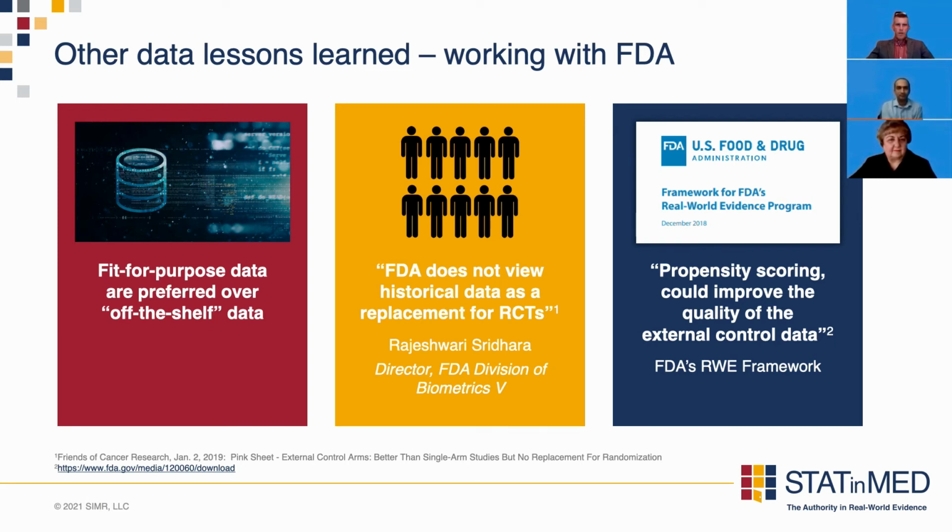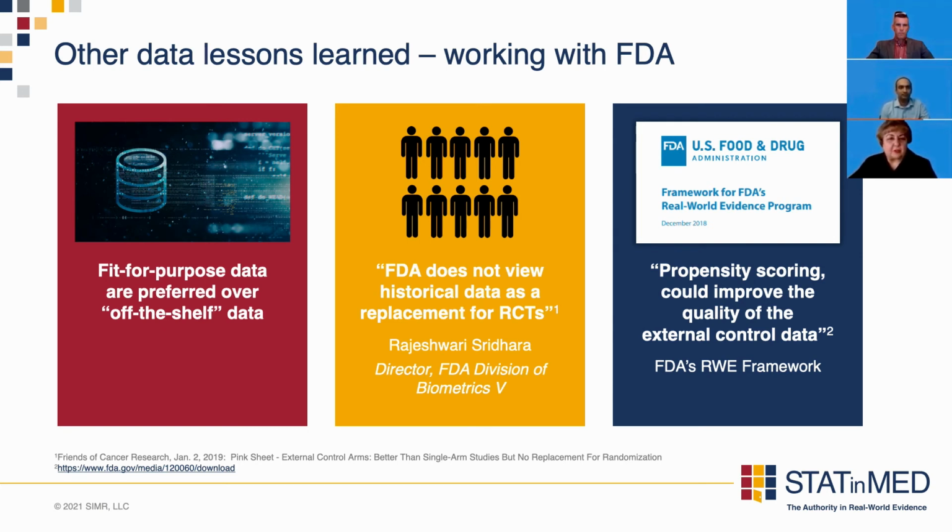It makes sense. And Noor, I know you've had plenty of interaction with FDA and experience in that regard. Anything you want to add in that realm? Well, in working with the FDA, it's clear that there are several key points. First, fit for purpose data or customized data is certainly preferred to the quote unquote off the shelf data.